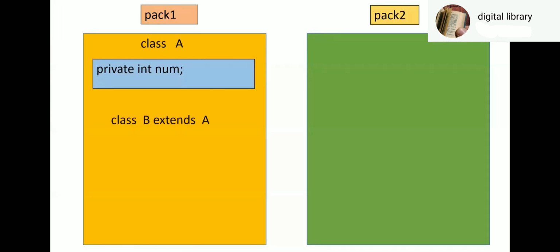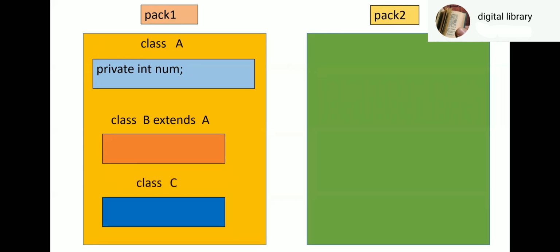Class B extends A, child class in the same package. Different class in the same package: class C, because class C does not extend A. So it's a different class. Class X extends A. This is what I was talking about. Your A is in pack 1 and your X, which is a child of A, is in pack 2, which is quite possible in Java.